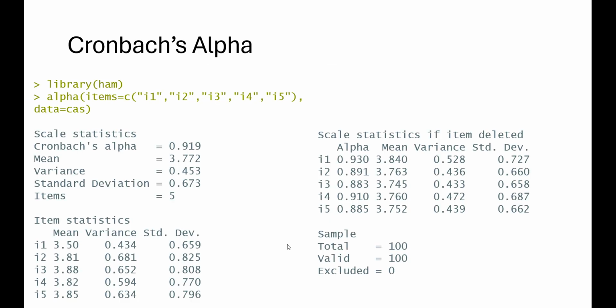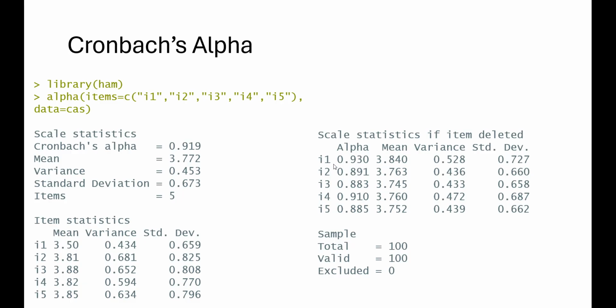Here's Cronbach's alpha through ham. I'm using the alpha command, and it prints out some of that similar data we get. This is a different set of questions, but for these 5 questions, there's a 0.919, or 0.92, Cronbach's alpha level, and we see that we have something called scale statistics if item deleted.